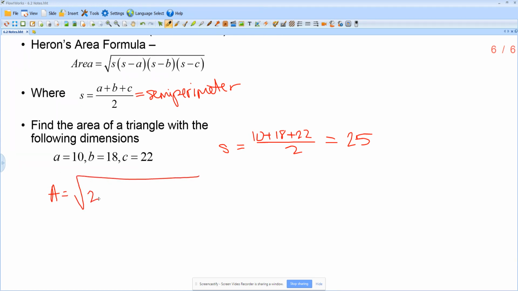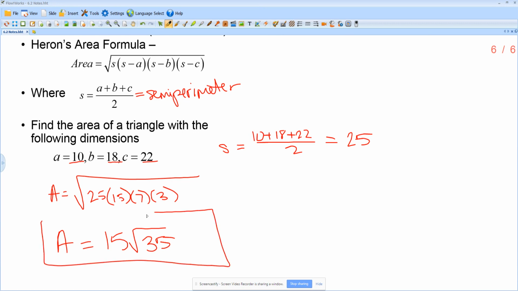Square root of 25 times, and then 25 minus each one of these numbers. So I'll have 15, 7, and 3. If I multiply all that together and then simplify that radical, I get 15 square root 35. Again, that's after simplifying the radical.